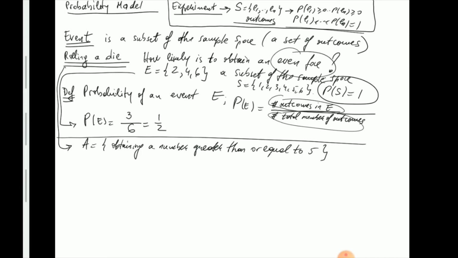I describe the event in words, but since we know the possible outcomes satisfying this condition, the event A is made of 5 and 6, because if you roll a die, those are the numbers greater than or equal to 5. So just like before, based on the definition, the probability of A is equal to the number of outcomes in the event, which is 2, over the total number of outcomes, which is 6. You can simplify that to 1/3.